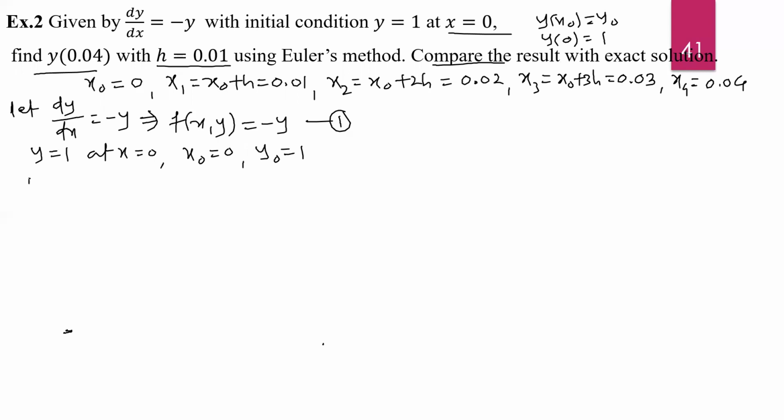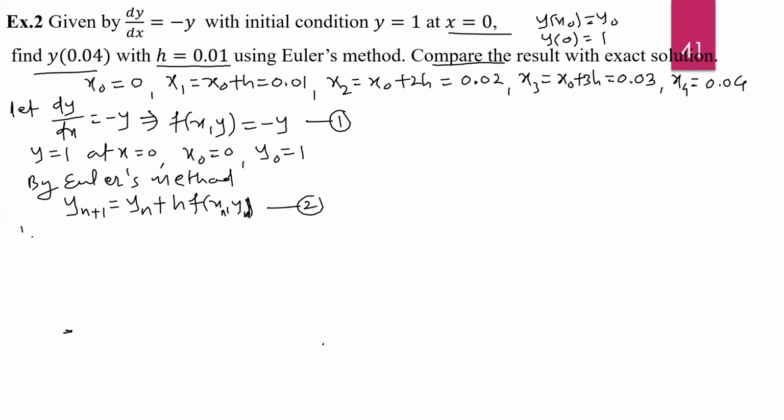Now by Euler's method, I'm going to write the general formula. y suffix n plus 1 is equal to y suffix n plus h times f of x suffix n, y suffix n. Say equation number 2, and we put here n equal to 0, 1, 2, and 3.